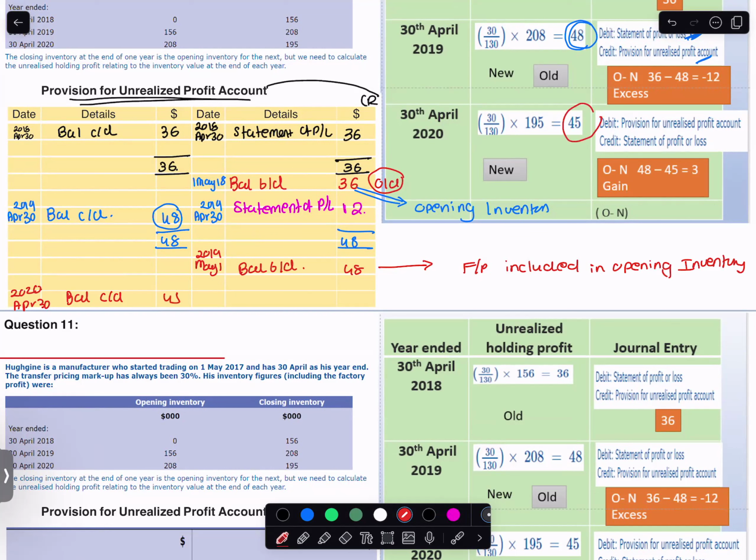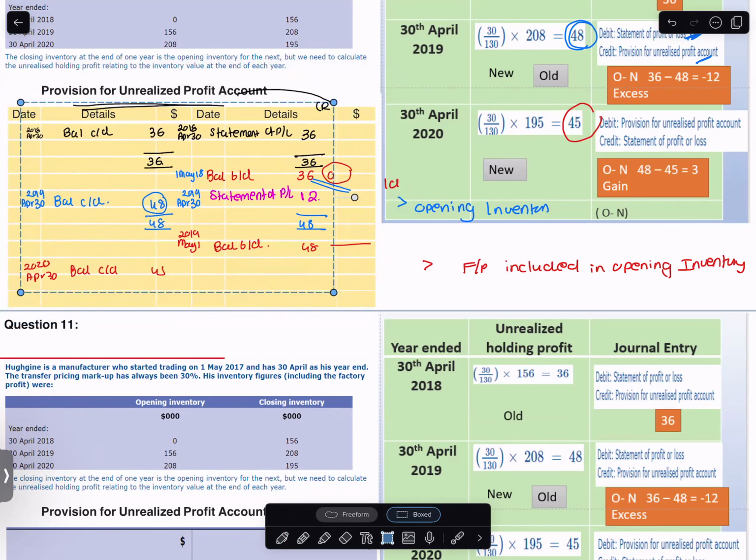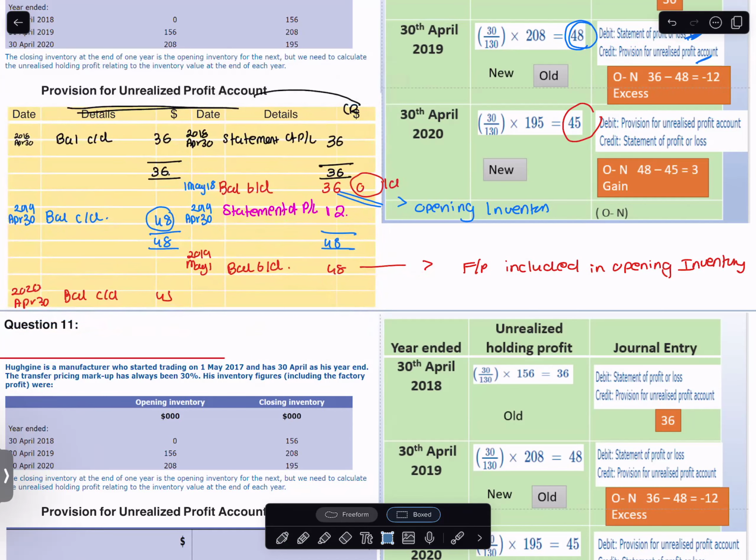Very good. Now old minus new, you can also get this as a balancing figure. So now if I close this, it will be 48, 48, and 3. And I will write statement of profit or loss, 30 April 2020. Are you with me? Done.